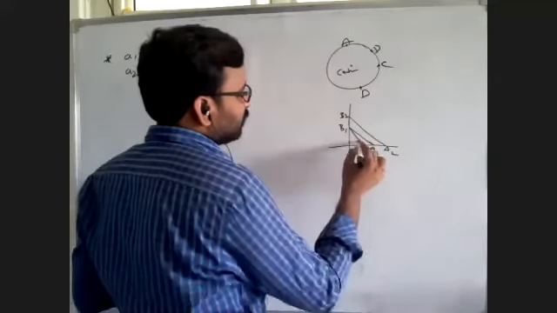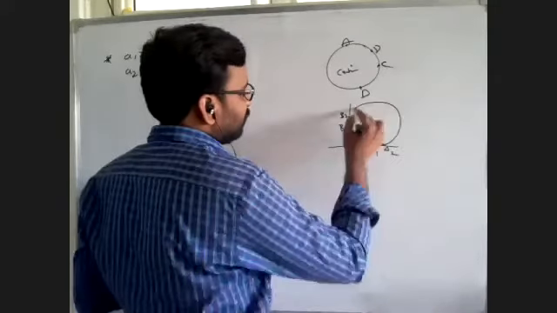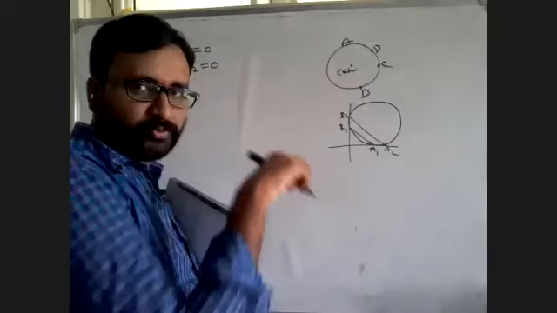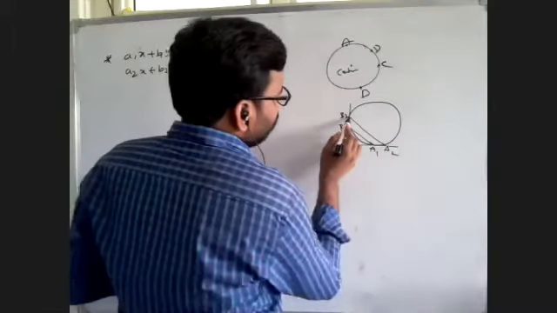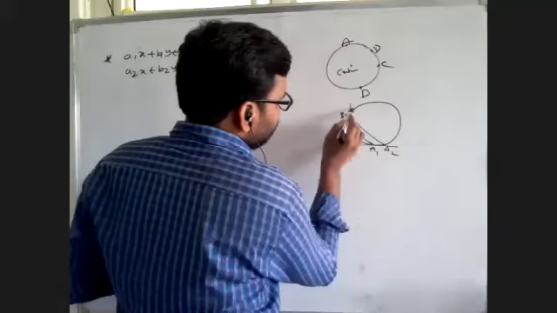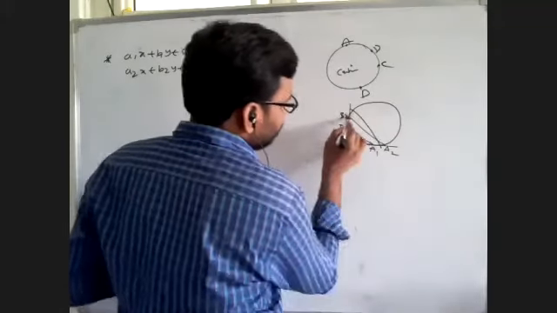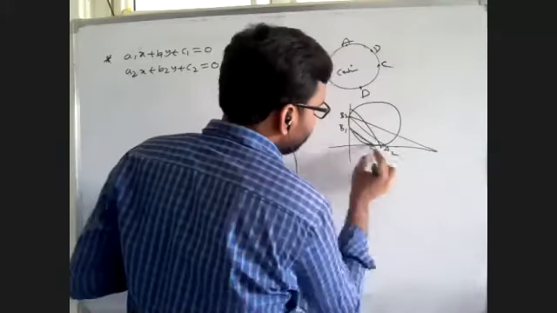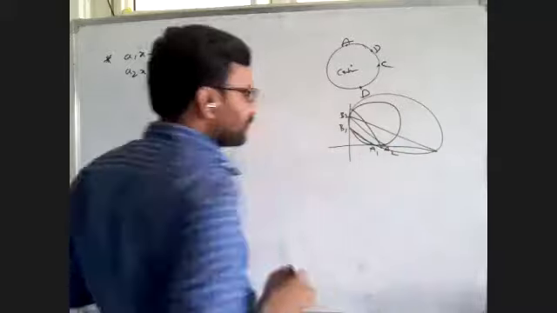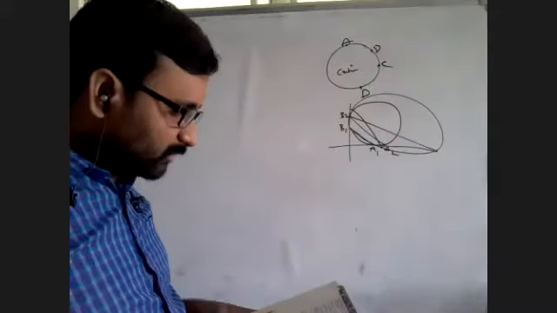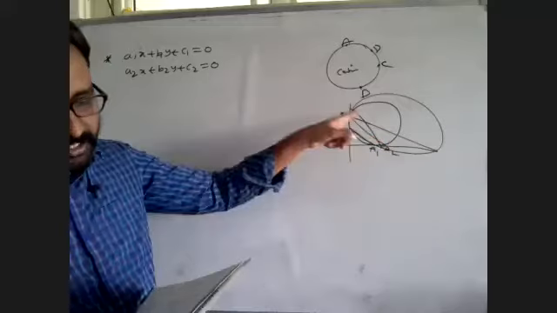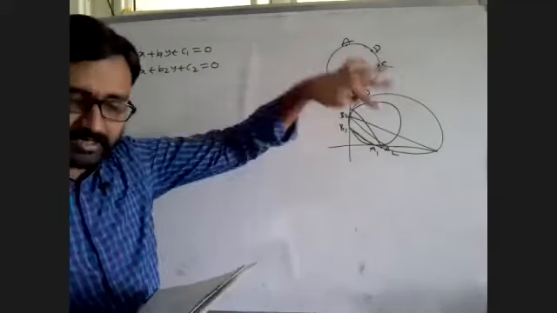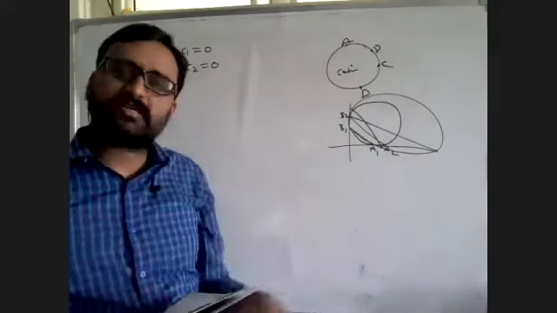By joining these points, if you have any circle. It may be like this also, it may be like this also. But the circle should pass through the 4 points like this. He's saying that only if the lines meet the coordinate axis in 4 distinct points, those points are concyclic. Concyclic means they should lie on the circle, right?